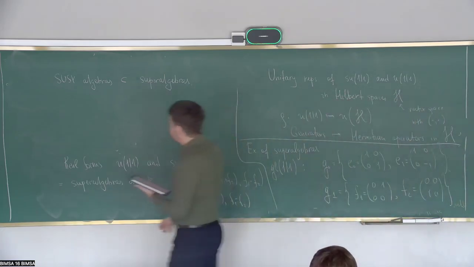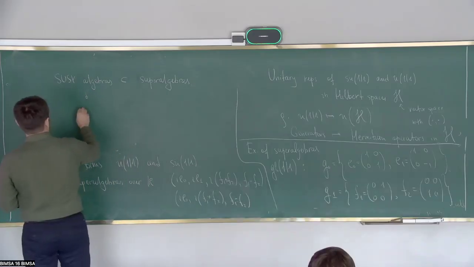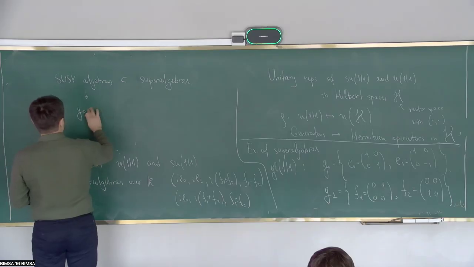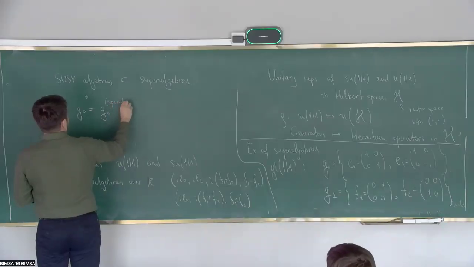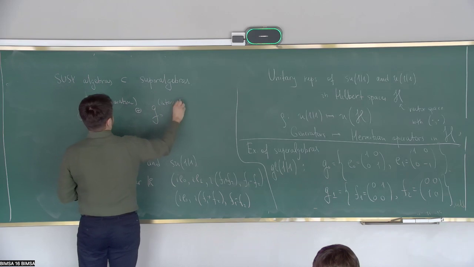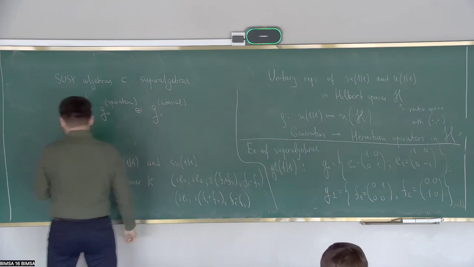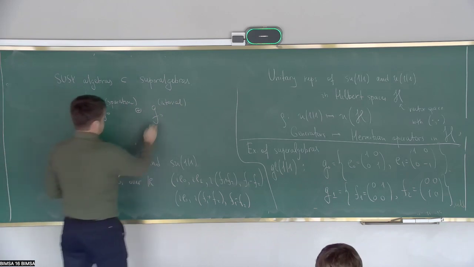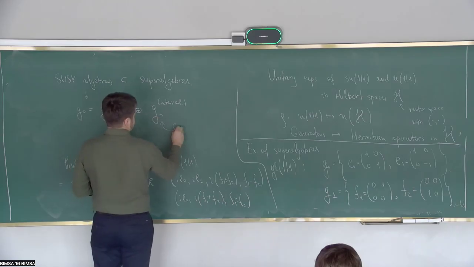In particular, they're characterized by the fact that the even part G0 of these algebras splits as G0 space-time, some space-time symmetry, direct sum G0 internal symmetry. This is what is usually called flavor symmetry, which is some global symmetry your theory can have.